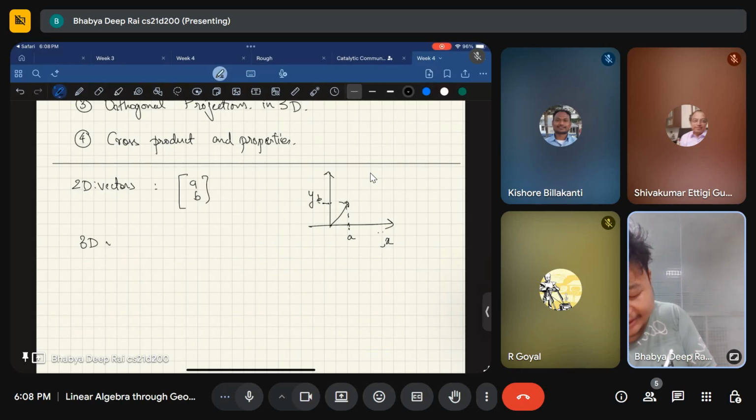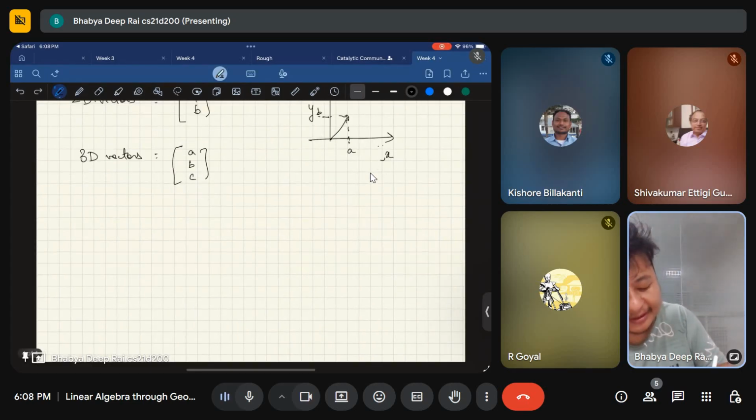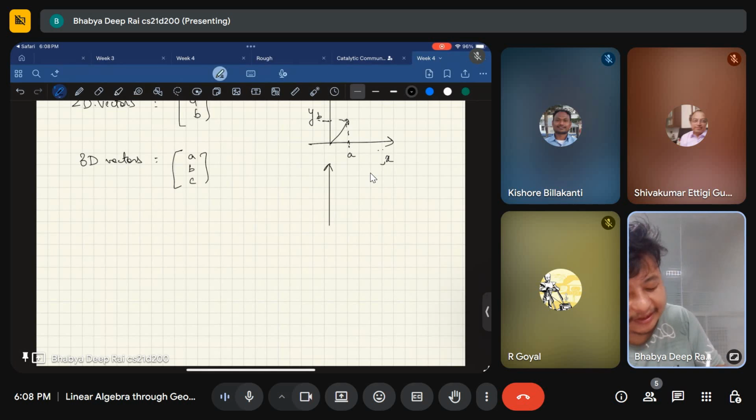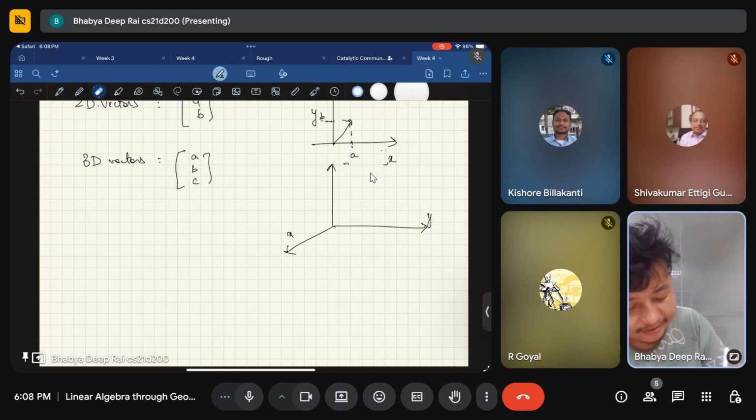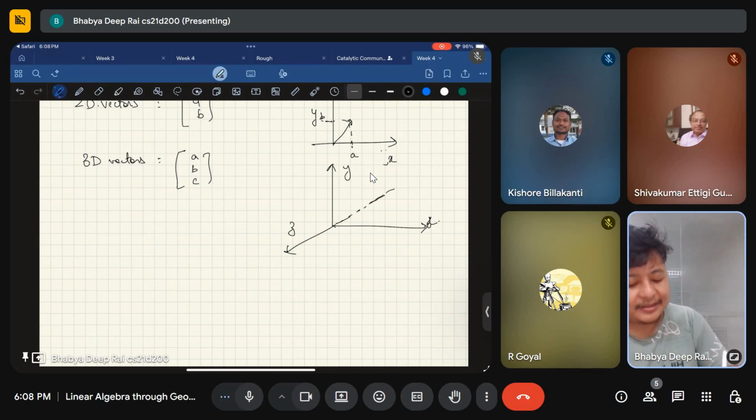Now we are looking at 3D vectors. So now what we have is an extra degree of freedom, meaning that there are three axes, which corresponds to the world we live in: x, y, and z. This is x, this is y, and now I have this additional dimension z, and this z represents the depth in our dimension.